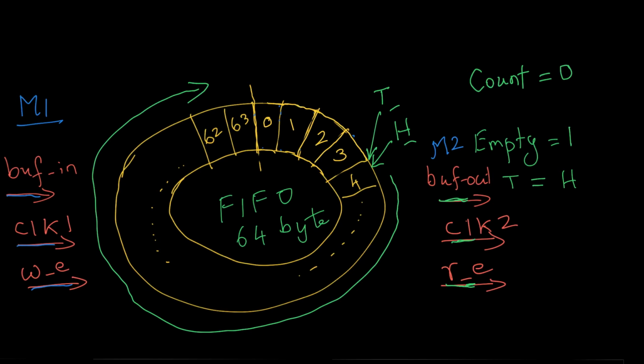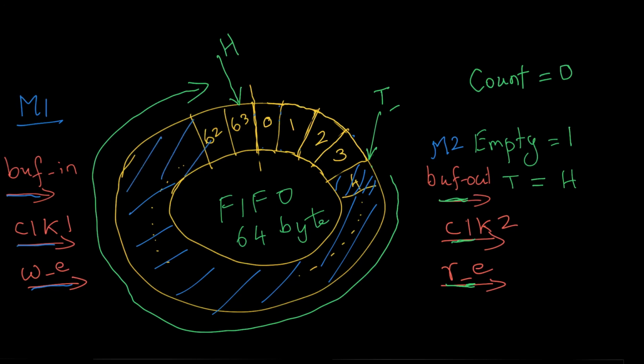So now your head will be pointing to 63. And so your addresses from 4 till 62 are all filled. 63 is still empty. Your head is pointing to 63.